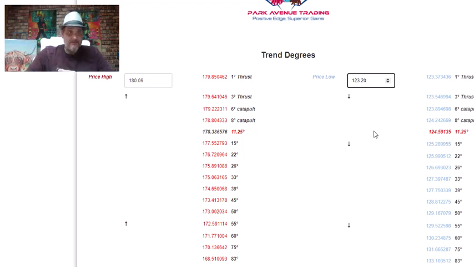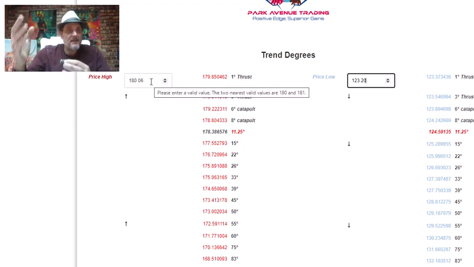Nobody has this stuff. So what this is inside of a bell curve, let's say we're making the median, and the price high is 180.06. What the calculator is doing is calculating, based off of 180.06, how far away from the mean it could go downward, because I'm using the high.